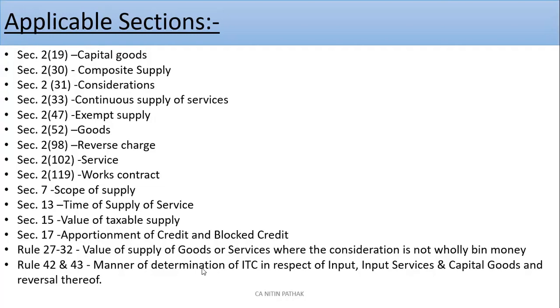Rules 42 and 43 on blocked credit and capital goods credit, what is to be used and what is not to be used, ITC and capital goods credit, are also explained. We have detailed how to compute the ITC and the capital goods credit in our slides, but we may not be able to discuss them because our presentation is likely to last at least an hour and we want to curtail it as much as possible.